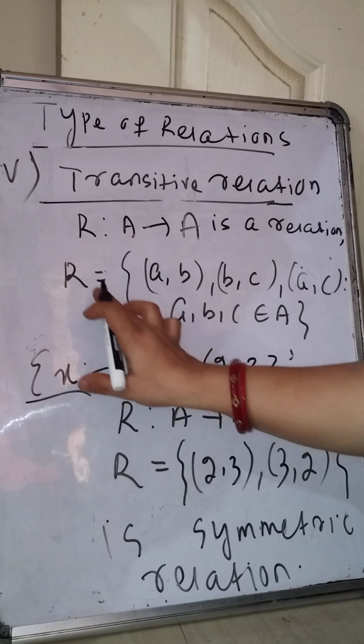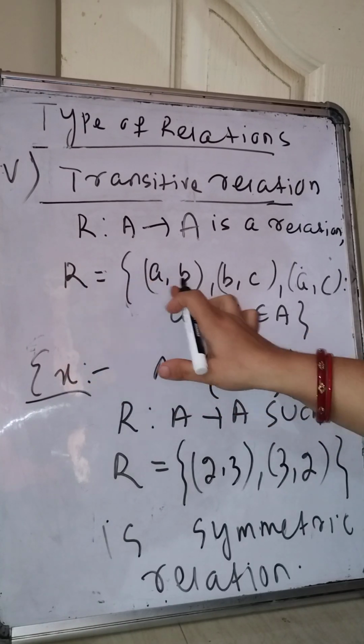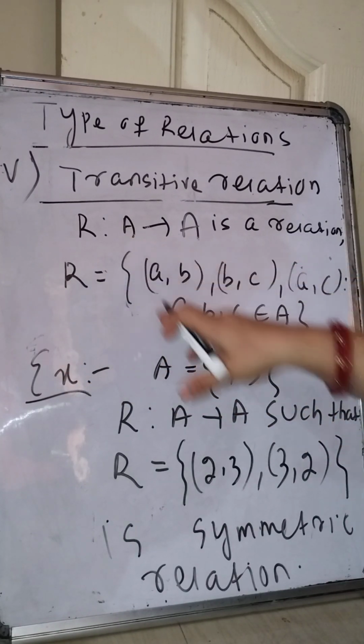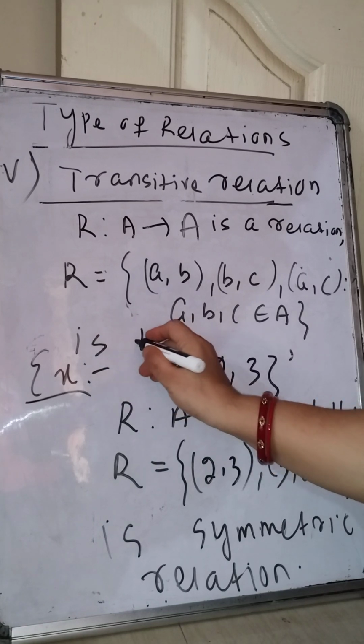If these three ordered pairs are present in this relation, where A, B, C are from set A, then this type of relation is called transitive relation.